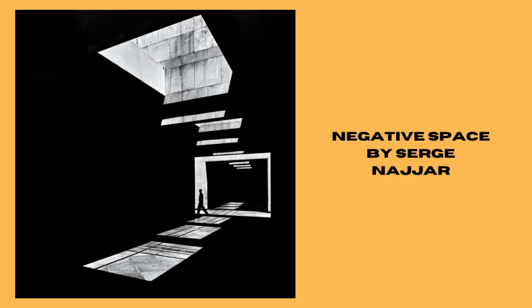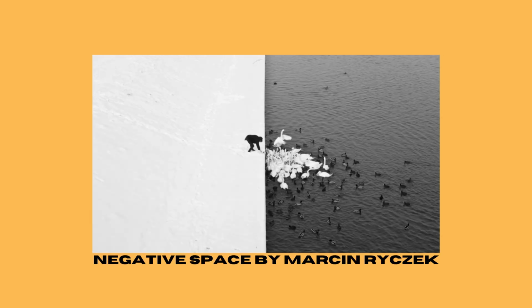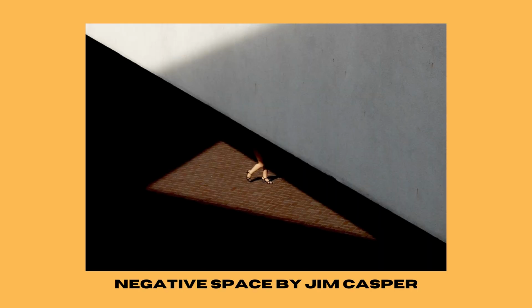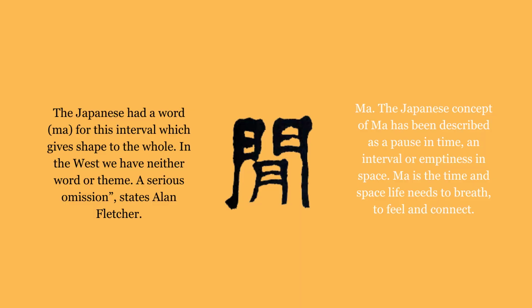Alrighty, now we're going to talk about the concept of negative space, and this is something we'll also be building upon. The Japanese have a word, ma, for the interval which gives shape to the whole. This interval or emptiness is very significant to a lot of Japanese philosophy, and in photography and also in design this is known as negative space.